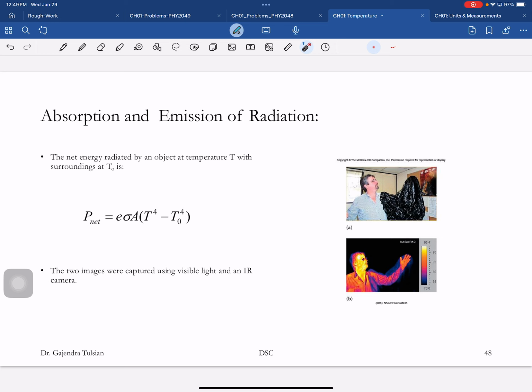Very good. So you are emitting radiation, but the surroundings at the same temperature are emitting radiation as well. You would absorb the same amount. So this is the net loss. This is your temperature. This is the surrounding temperature. So the rate at which you give is the same rate at which you absorb. So the same flux is coming at you.